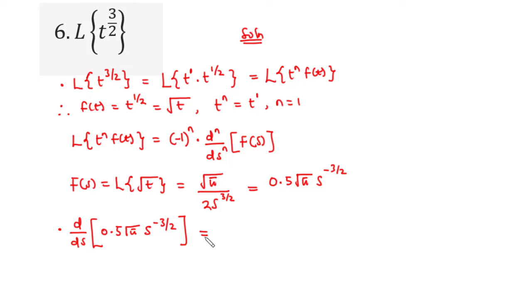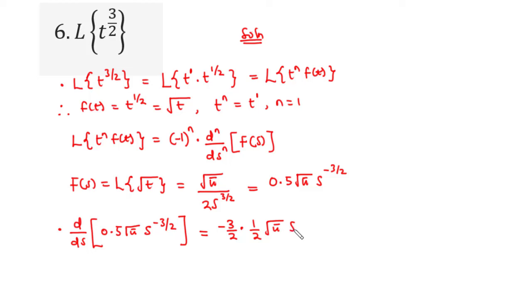So that is equal to, now we are going to treat 0.5 times the square root of pi as constant. So we drop down this exponent, that is -3 over 2. And then mind you, 0.5 is 1 over 2. So times 1 over 2 times square root of pi.